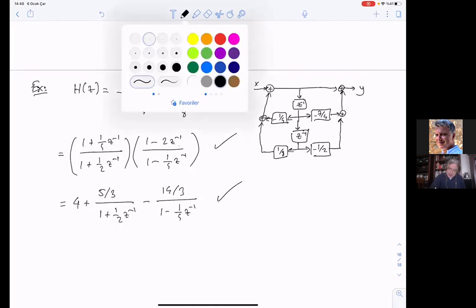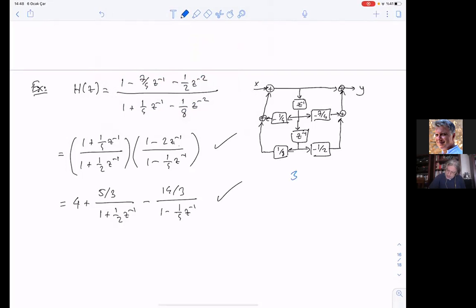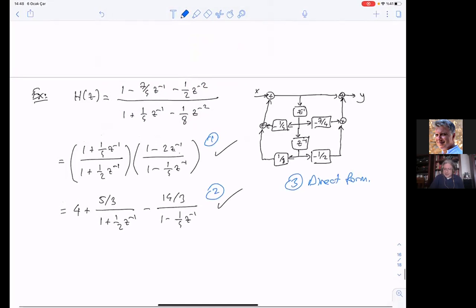This is the direct form, type 3 direct form. The others, this one was type 1, this one was type 2, which I'm not going to go into the details of because they are clearly available.